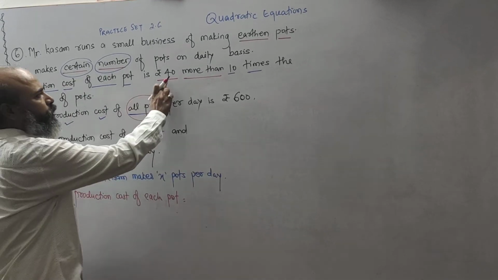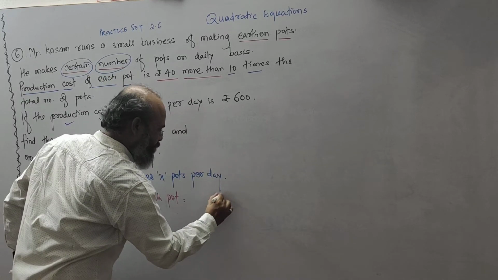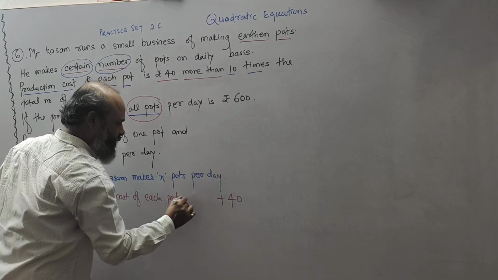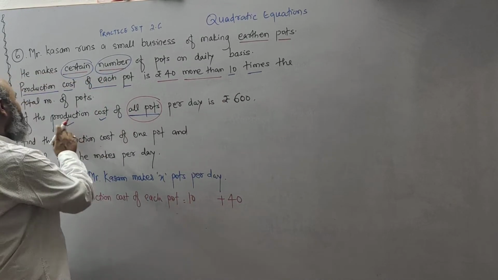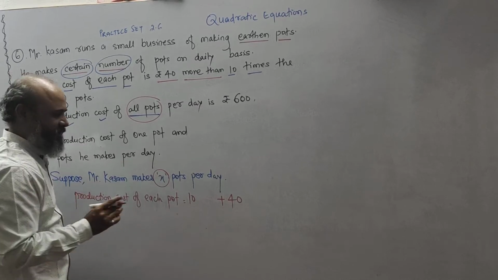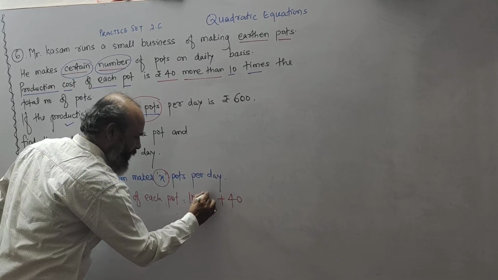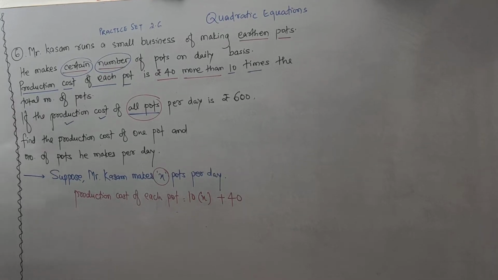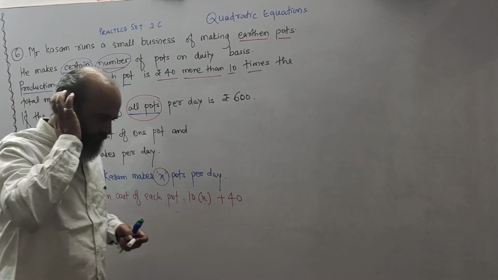40 more than means plus 40, and 10 times the number of pots, and the number of pots is x, so you write 10x. So the production cost of each pot is 10x plus 40.